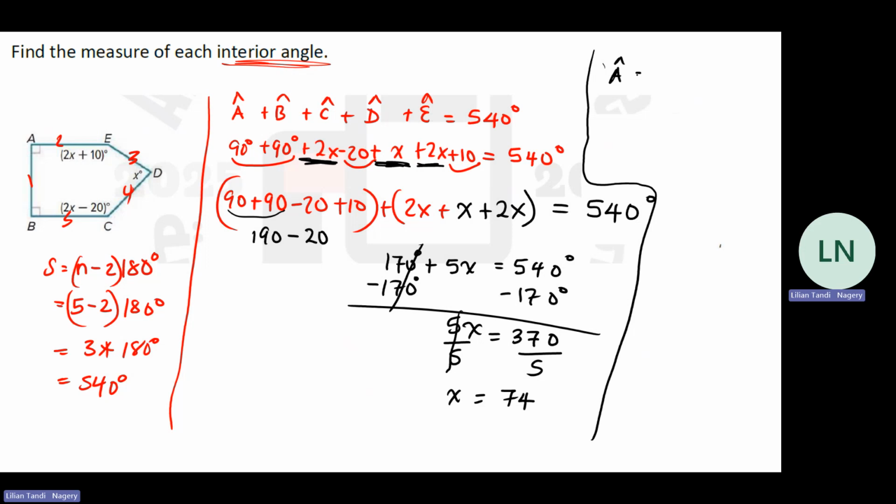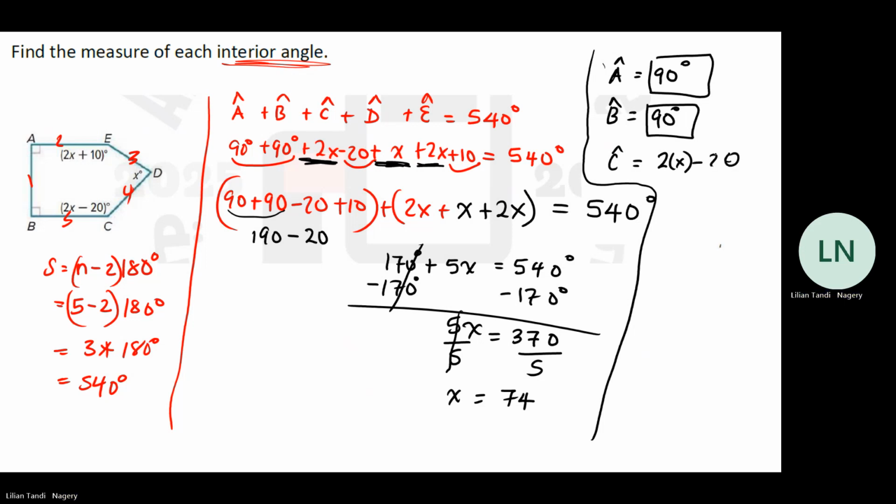We know angle A is 90 degrees, box it. Angle B is also 90 degrees, you box it. Then we know angle D, oh, you can go in order. So angle C is what? 2 times x minus 20. So you have 2 times 74 minus 20, 148 minus 20, which will give you 128 degrees.